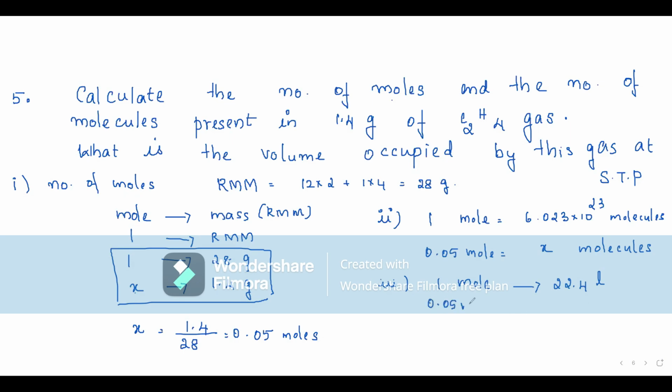Therefore, 0.05 mole will have X liters. So you can calculate X by yourself, right? By cross multiplication, by unitary method, calculate the value of X.